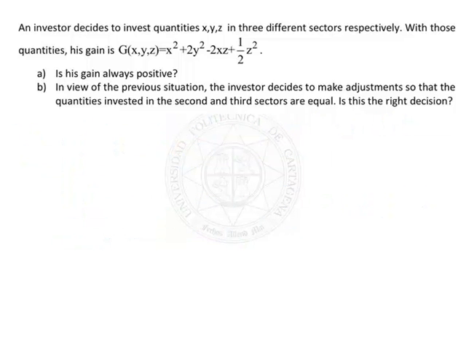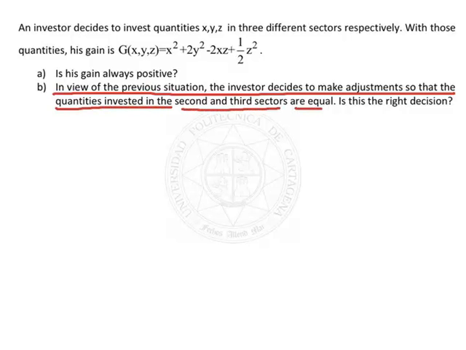To calculate section B, which asks if in the previous situation the investor decides to make adjustments so that the quantities invested in the second and third sectors are equal, the question given is, is this the right decision? By clearing the variables, we get that y equals z. So now we can replace y in g.